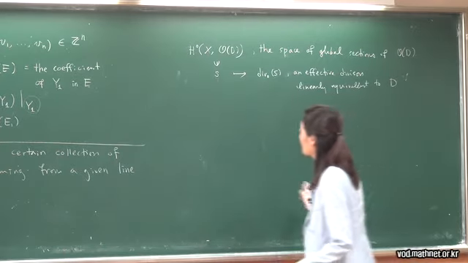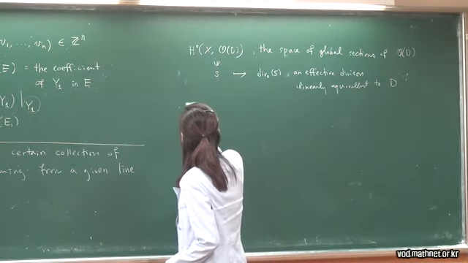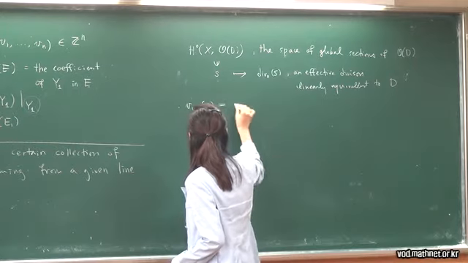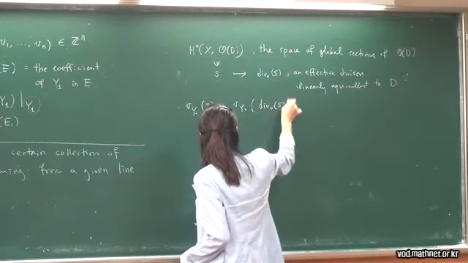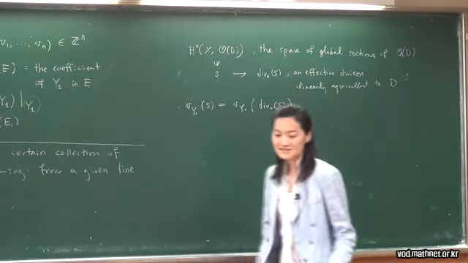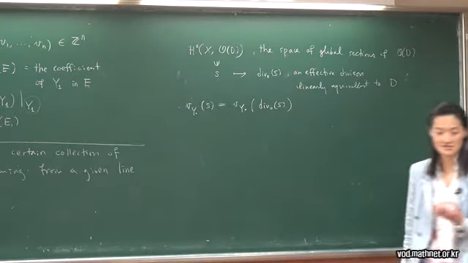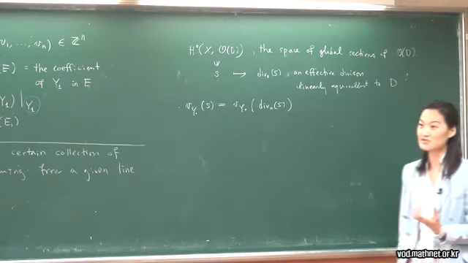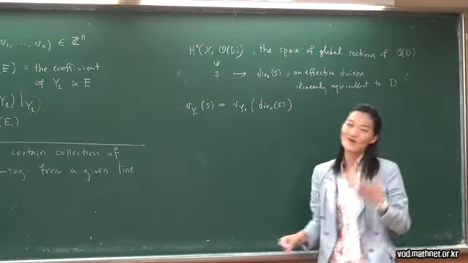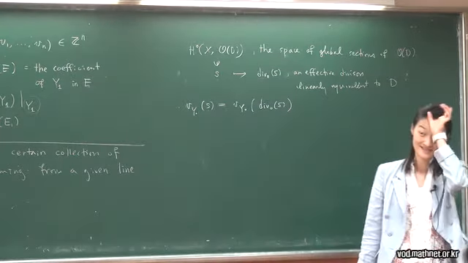Okay, so now let's define V y naught of S as this V y naught of this effective divisor. This is just a different point of view. When you see a certain algebraic variety, you see it as the zero locus of an equation, or that set itself.